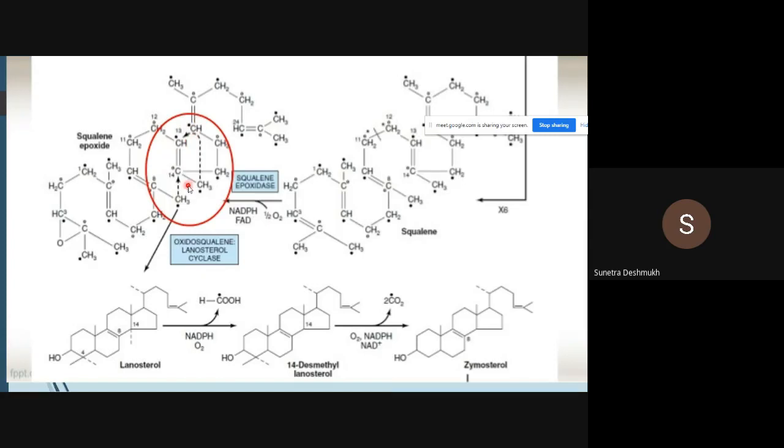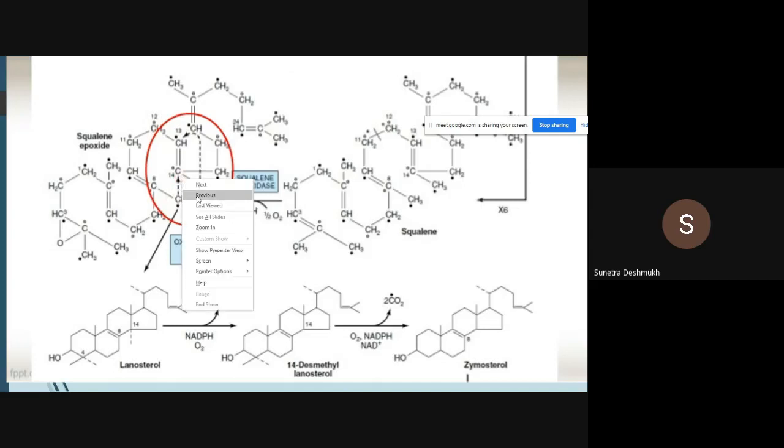The methyl group from C14 is transferred to C13, and at the same time the methyl group from C8 is transferred to C14. So to convert squalene epoxide to lanosterol, we move two methyl groups, from C8 and from C14, changing their positions.